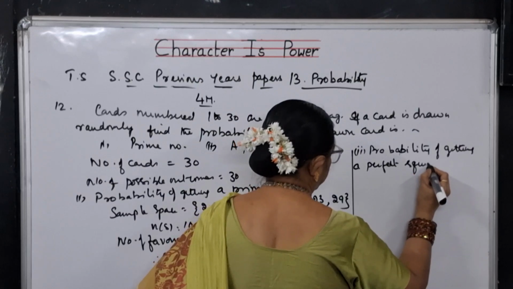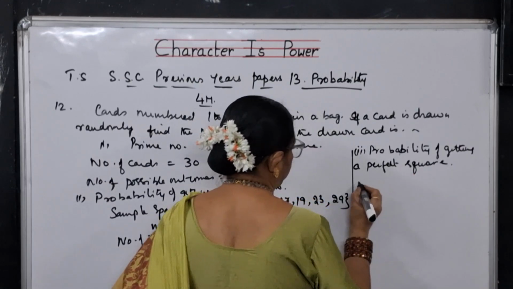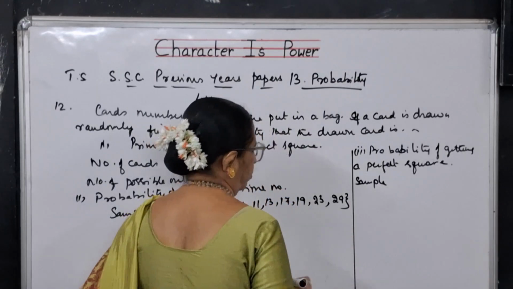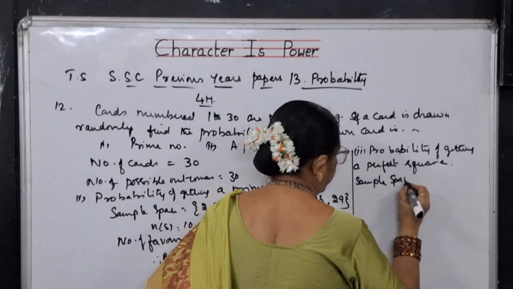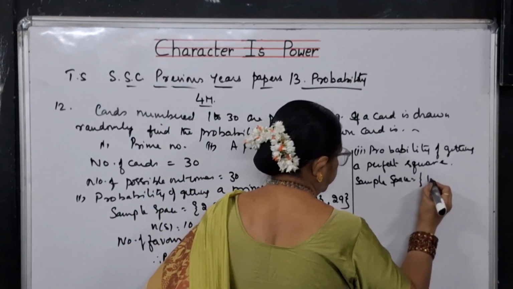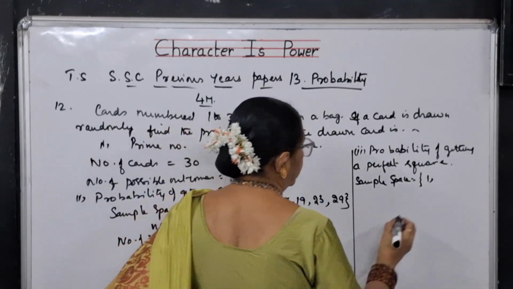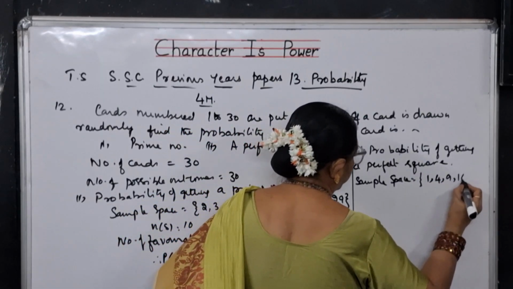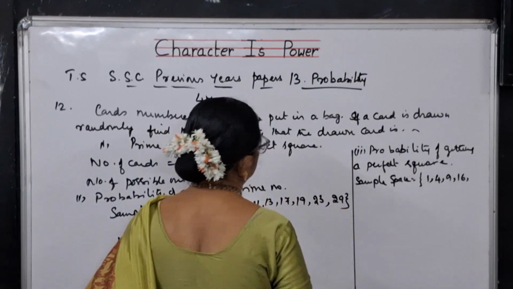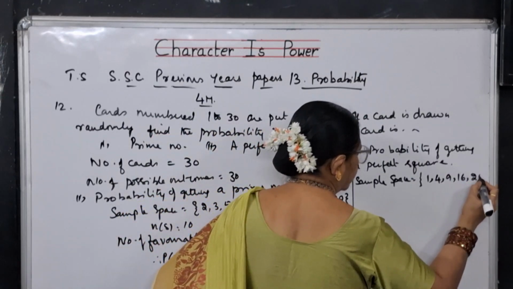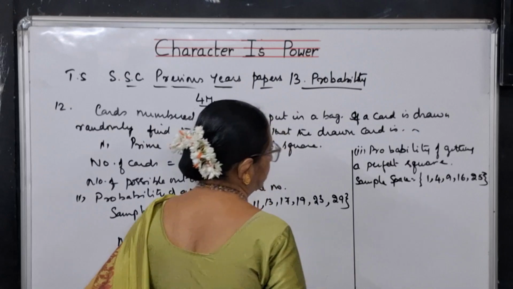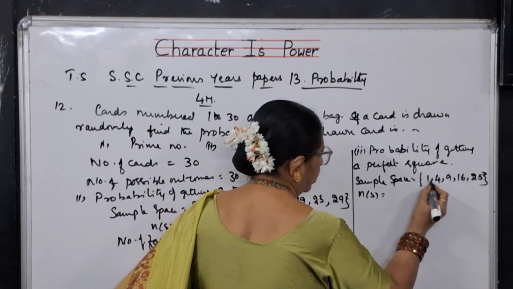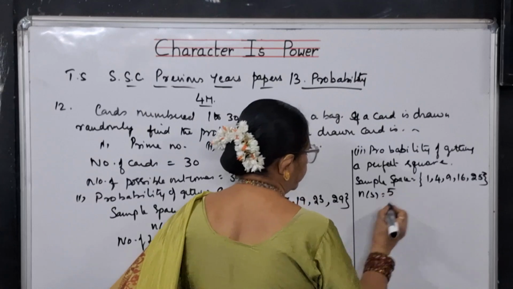Perfect square means the numbers for which you can write a square root. So sample space: 1 you can get 1, and then 4. 2 2s are 4, 3 3s are 9, 4 4s are 16, 5 5s are 25. That's all. 6 6s are 36, which is more than this. So n of S is nothing but 1, 2, 3, 4, 5.